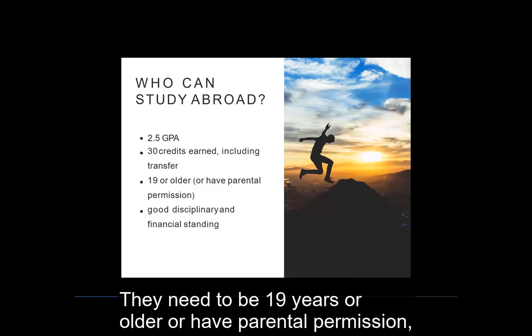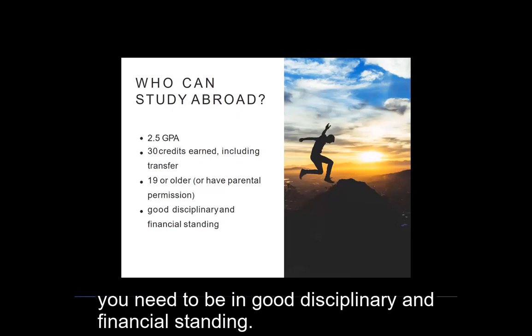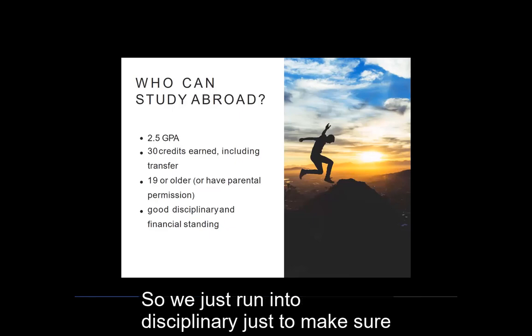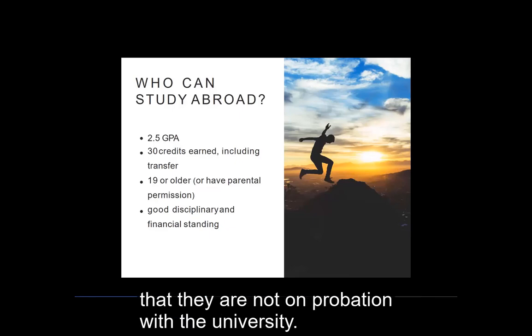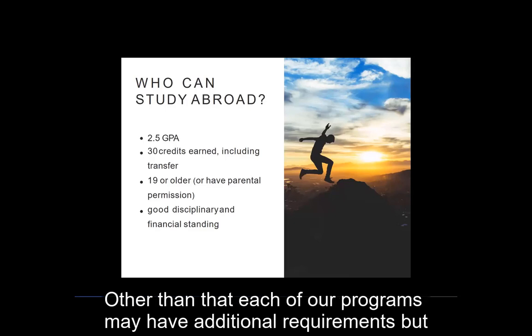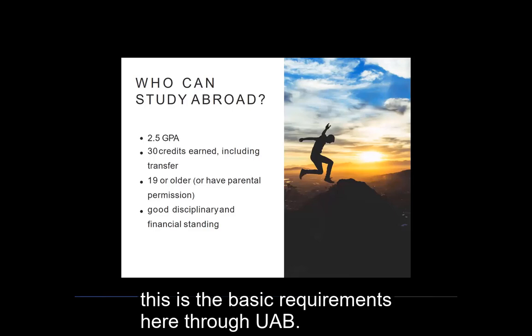They need to be 19 years or older or have parental permission. They need to be in good disciplinary and financial standing. So we just run a disciplinary check to make sure that they are not on probation with the university. Other than that, each of our programs may have additional requirements, but this is the basic requirements here through UAB.